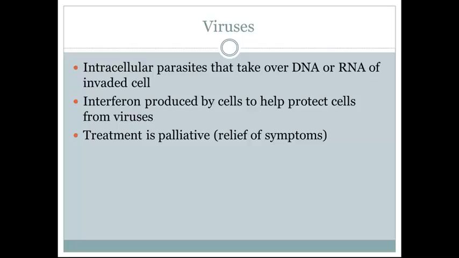For many viral illnesses, we have vaccines used in prevention of these types of diseases. So we have vaccines for hepatitis A, hepatitis B, polio, measles, mumps, and rubella. There are a lot of vaccines out there that we use to prevent viruses.